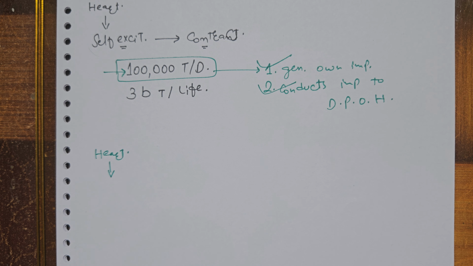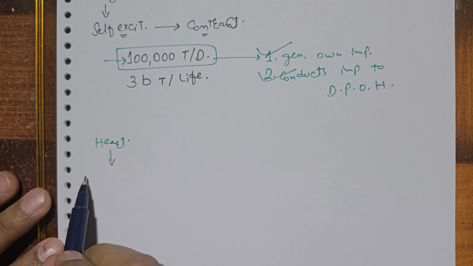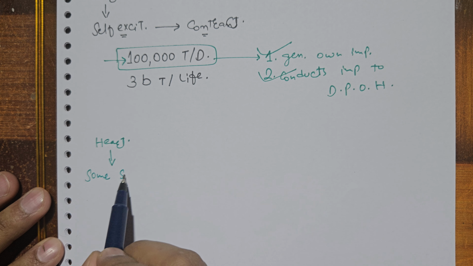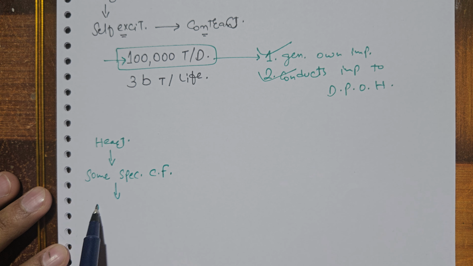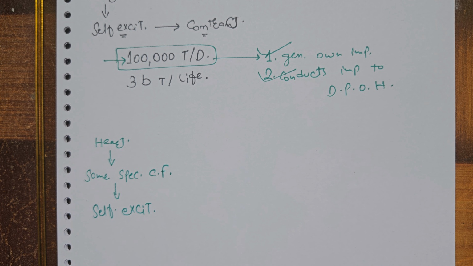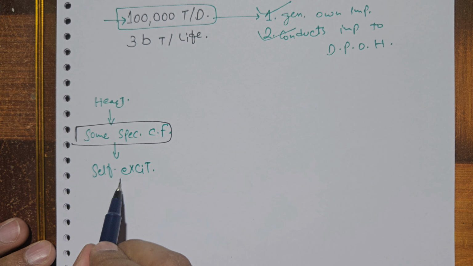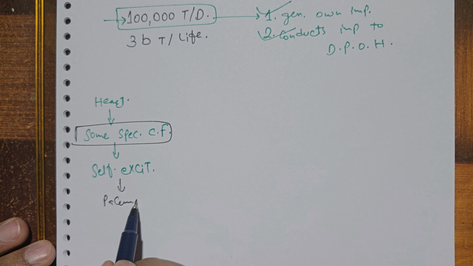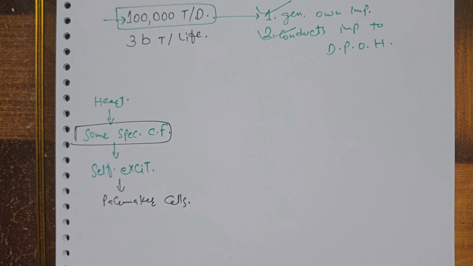But not all cells of the heart can undergo self-excitation. In the heart there are some specialized cardiac fibers that can undergo self-excitation, and these are called pacemaker cells. So pacemaker cells are those cells of the heart which have the property of self-excitation.